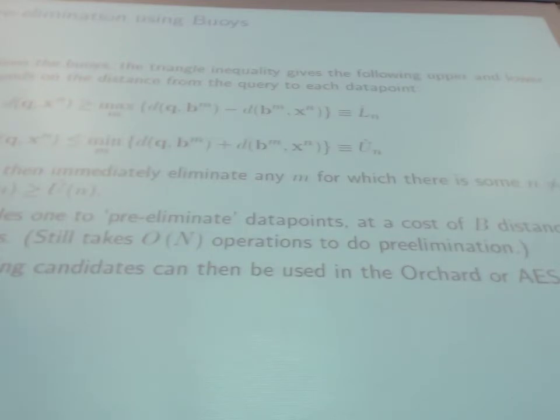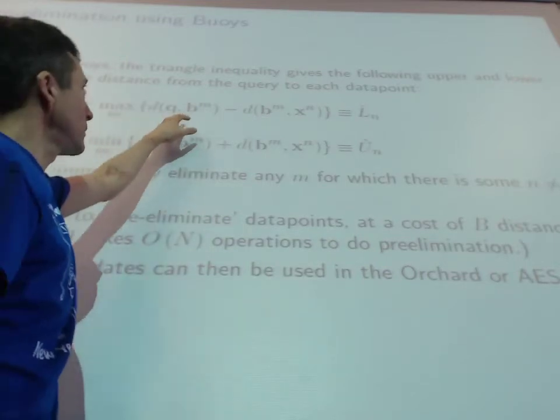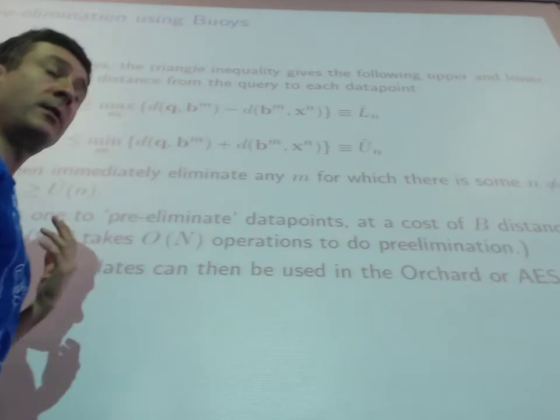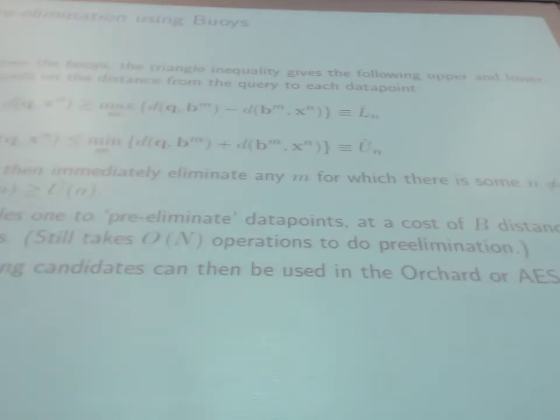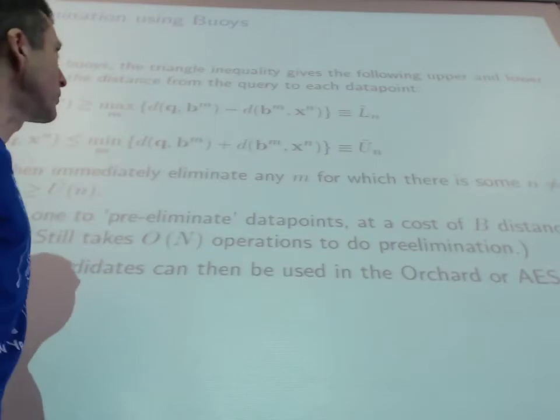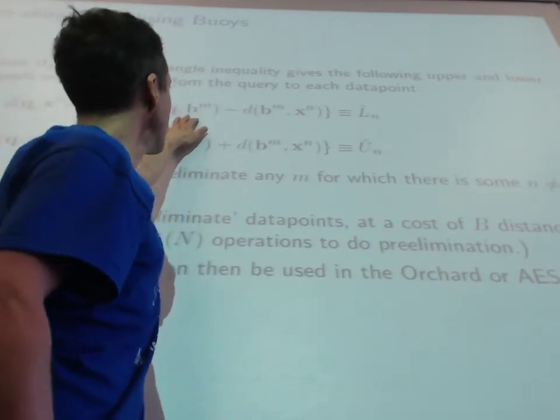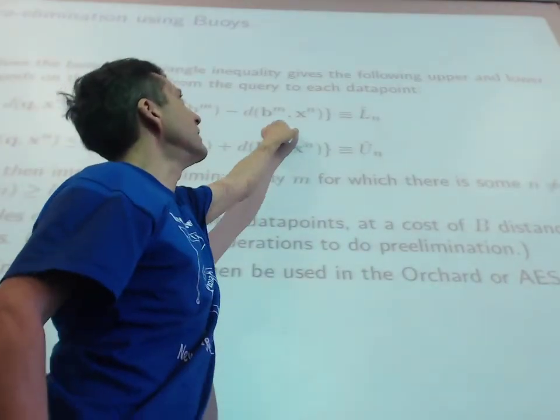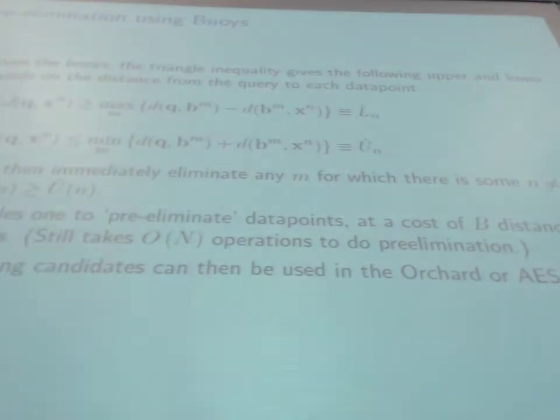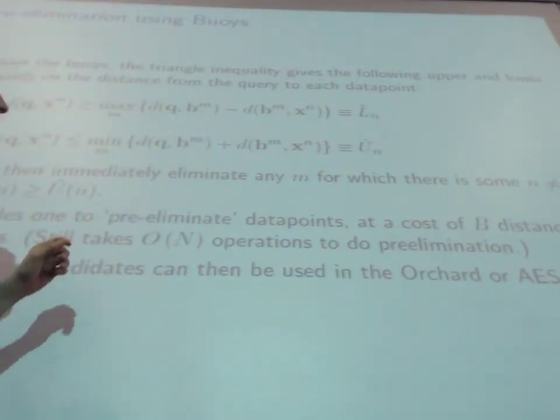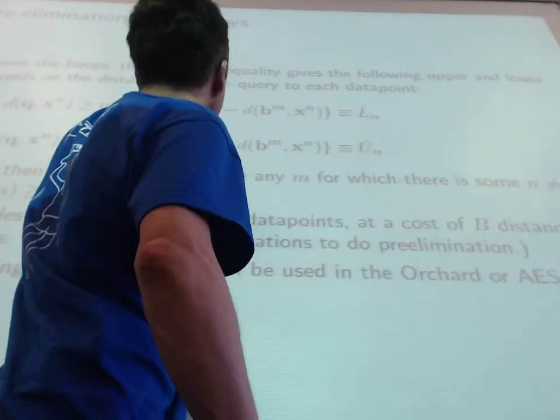Again, because we've got a collection of these, one for each buoy, we can get the best lower bound by maxing over the buoys. That's going to take an order B operation here. We've already pre-computed these.